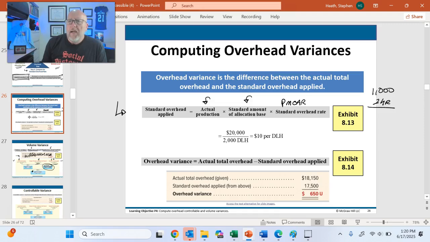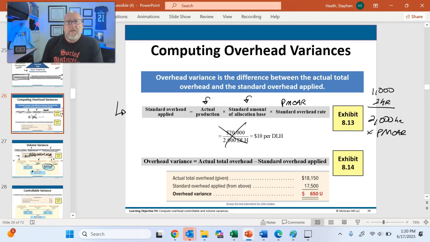My allocation base is going to be 2,000 hours. Then I will multiply that by my predetermined manufacturing overhead allocation rate. In this particular example, we could just say we use our predetermined rate times the number of units I produce times the standard quantity that I anticipated.